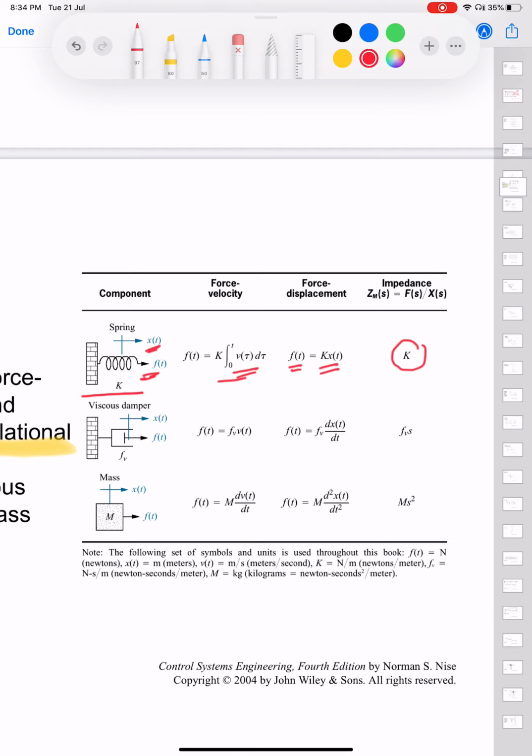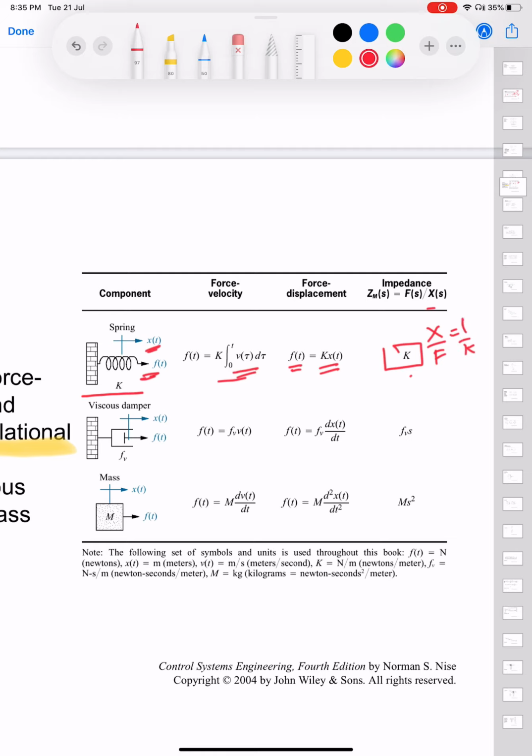If you want to find the transfer function, with F as the output and X as the input, the impedance transfer function F by X is k. Otherwise, if X is the output and F is the input, then X by F would be 1 by k.